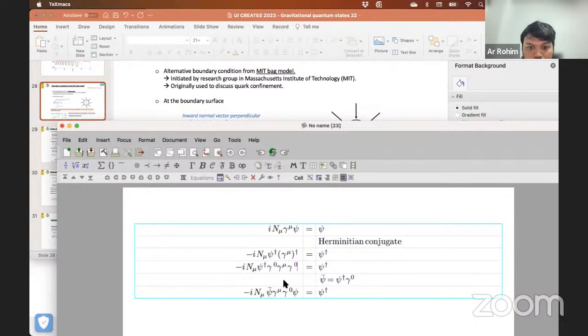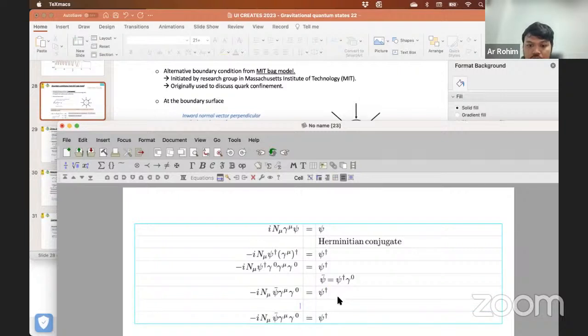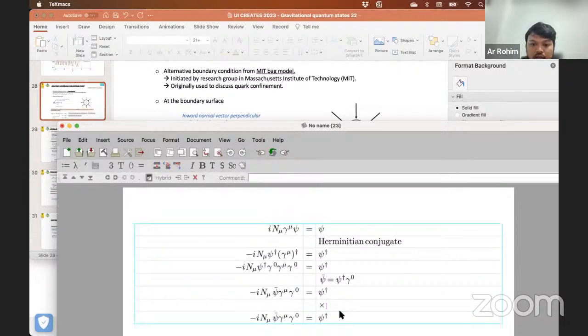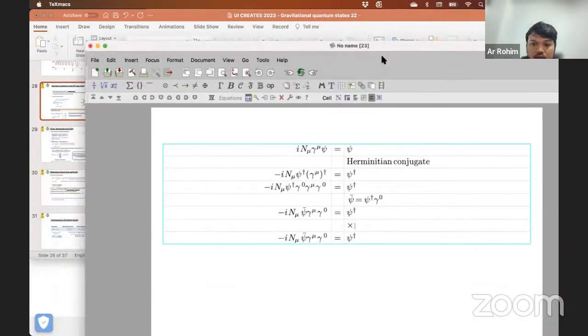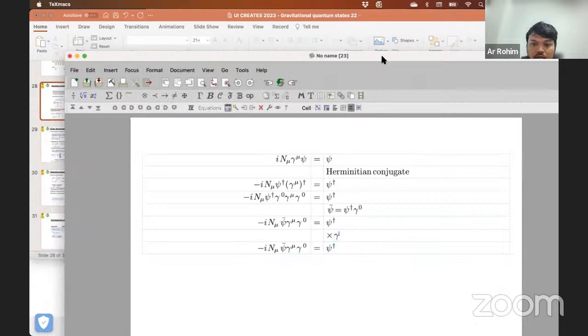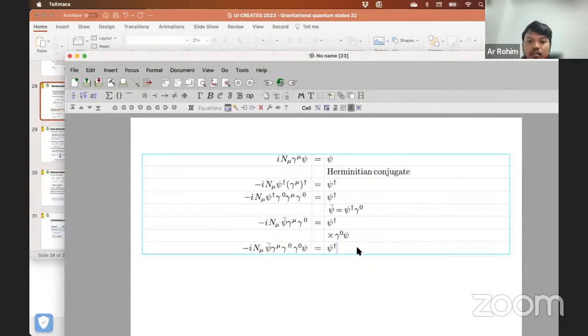Something like this. And then multiply by gamma 0. I have something like this and something like this.